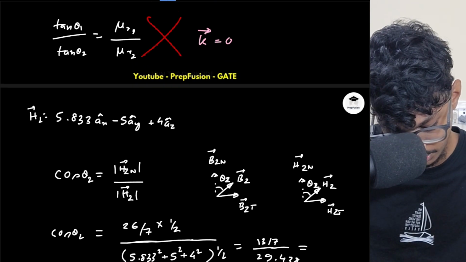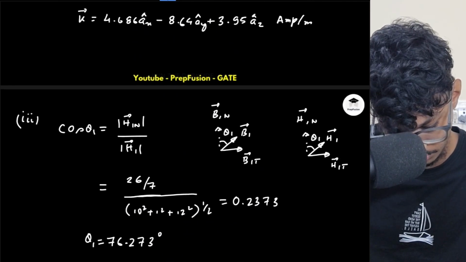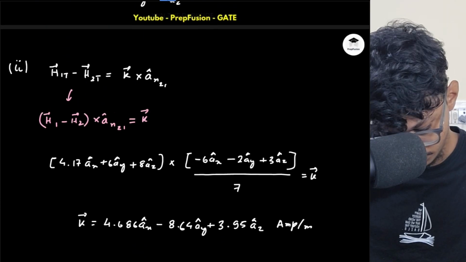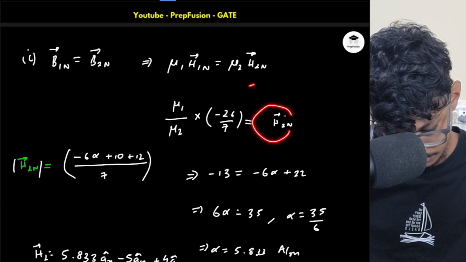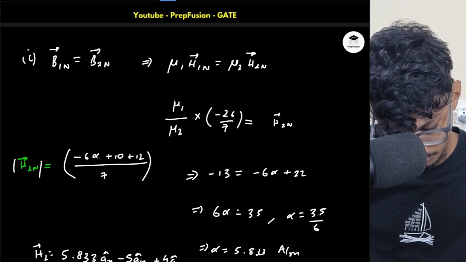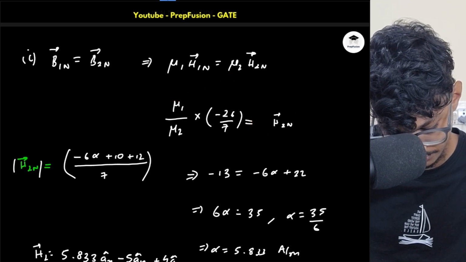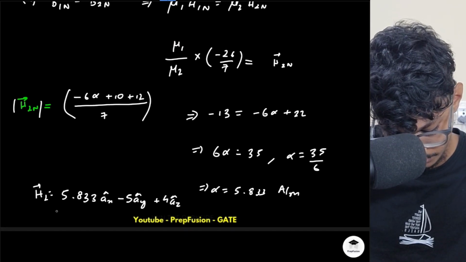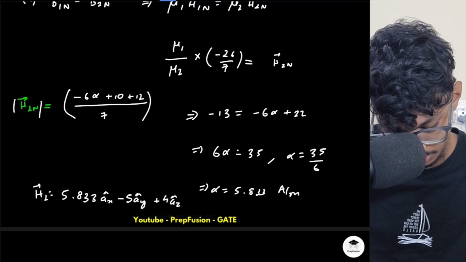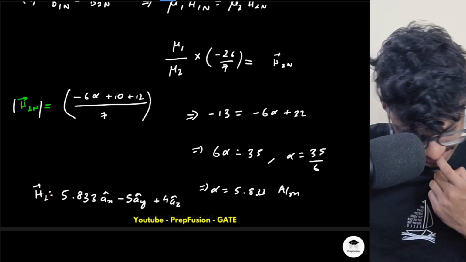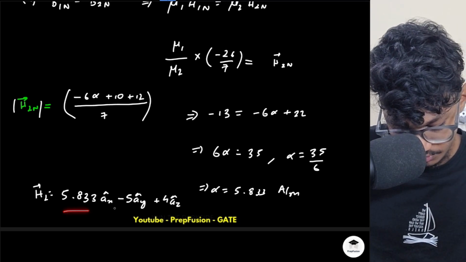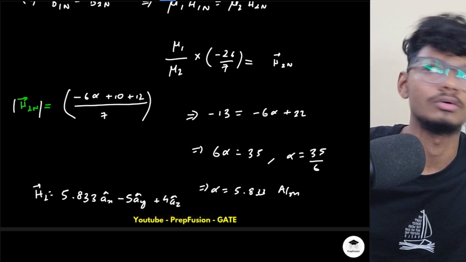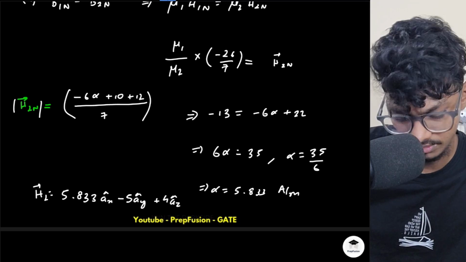I will just quickly cross verify whether everything is correct here or not. Here my H2N is simply mu1 by mu2, which is 2 mu naught, so it will be half of this, so it will be 13 by 7. Fine. So from here I get alpha as 5.833 whole square. Why is this coming so big? 5 square plus 5 square plus 5 square is like 125. Under root of that will not be that big.